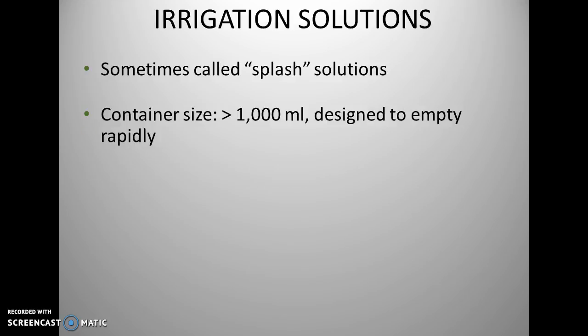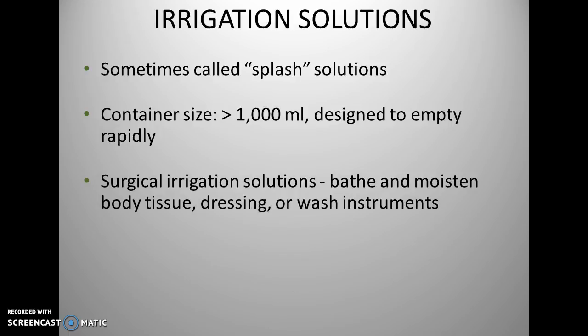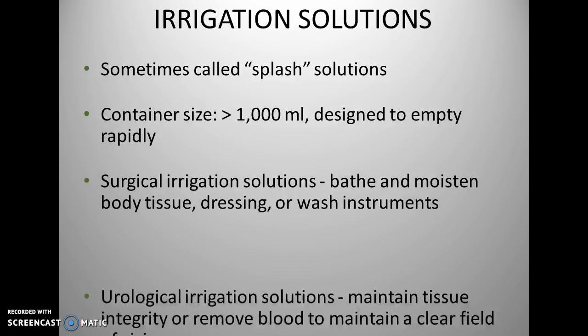This is done over surgical areas, for example in abdominal surgery, to clear out any debris in a sterile capacity. Surgical irrigation solutions or splash solutions are typically sodium chloride for irrigation or sterile water for irrigation. And what do they do? They're used to bathe and moisten body tissue, moisten dressings, and to wash instruments.